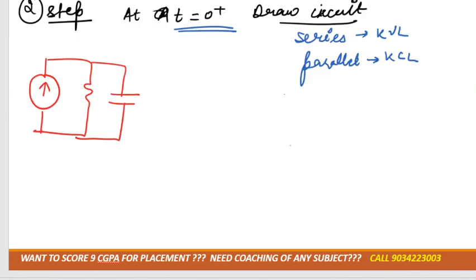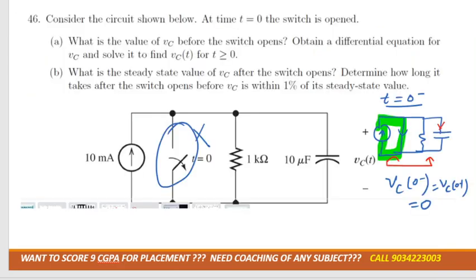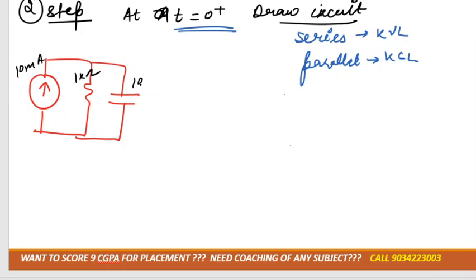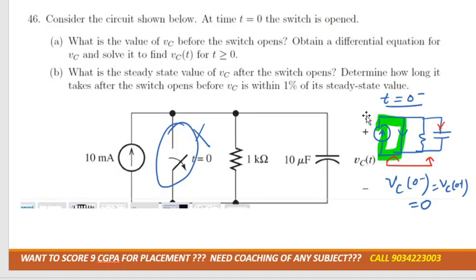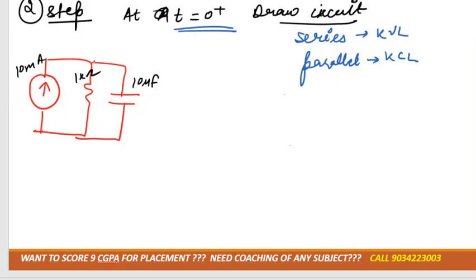This is 10 millivolt, 1 kilo-ohm and 10 microfarad, right? Now calculate what they're asking, the voltage across the capacitor. So the voltage of the capacitor is VC of t, yes or no? Because at every point the voltage is the same. So as I told you, we have to apply nodal analysis. Let's consider I1, I2, I3.